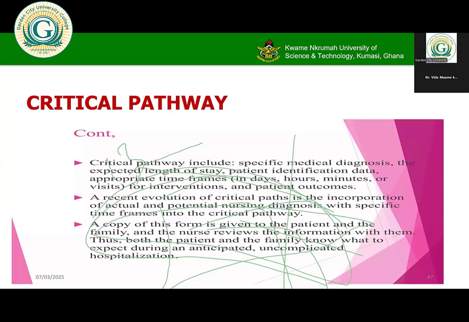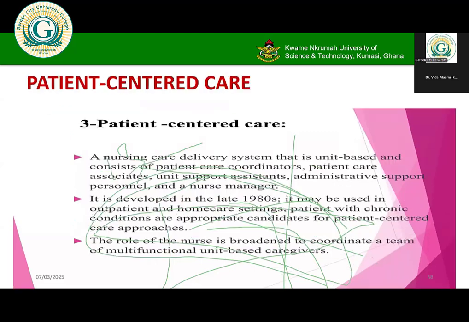So the critical pathway, I said, includes a specific medical diagnosis, the expected length of stay, patient identification data, and appropriate time frames, that is in days, hours, minutes, or visits for interventions and patient outcome. So that is the critical pathway.